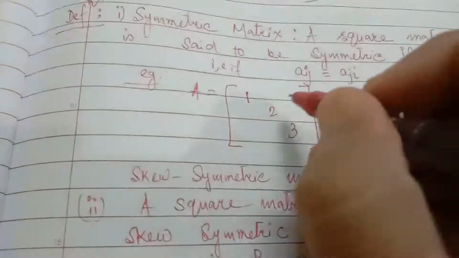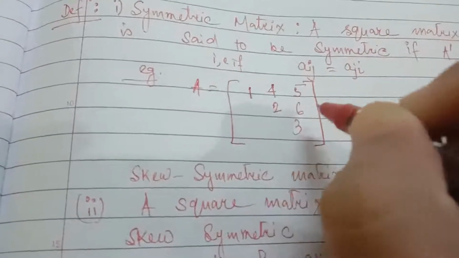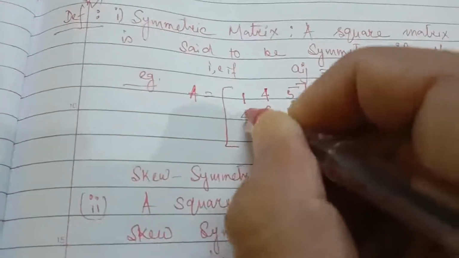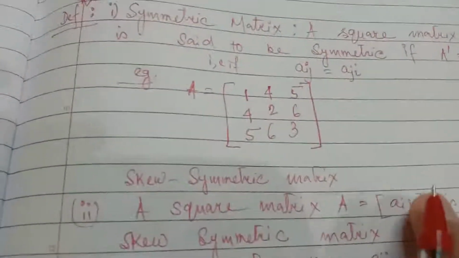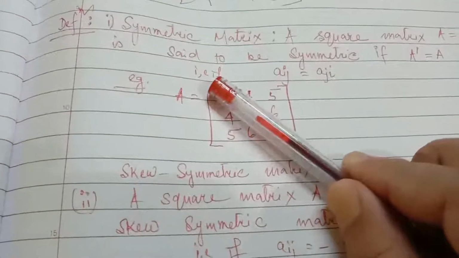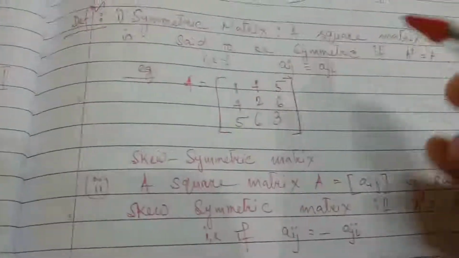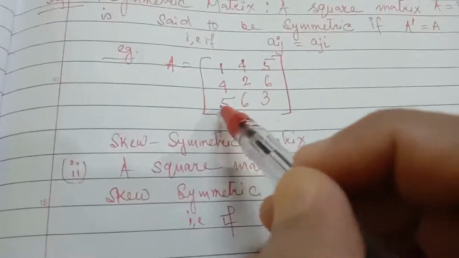Next, if we write 4, 5, 6 in this way, here also you have to write 4, 5, 6. If we write a 3 by 3 matrix in this way, with any 3 elements along the diagonal, and then 4, 5, 6 in this way, we have to write 4, 5, 6 here also.